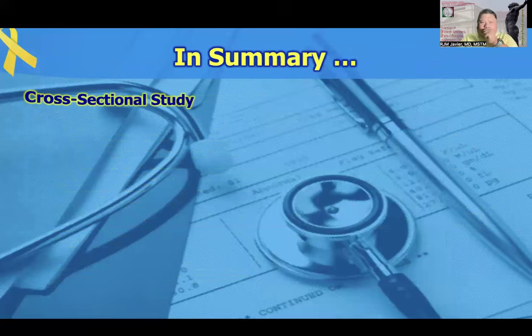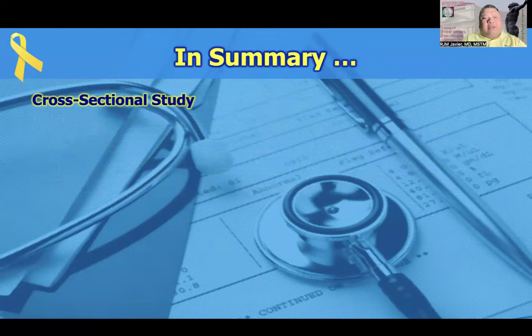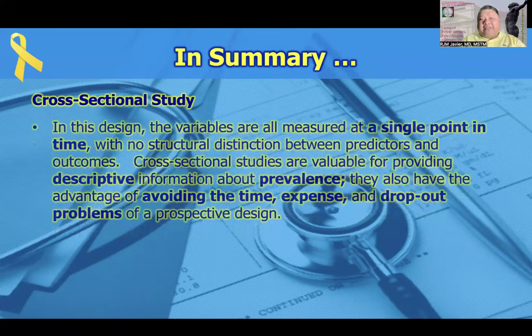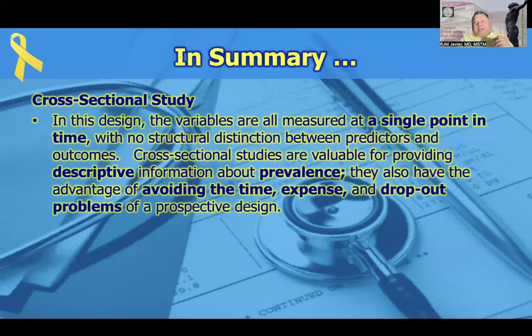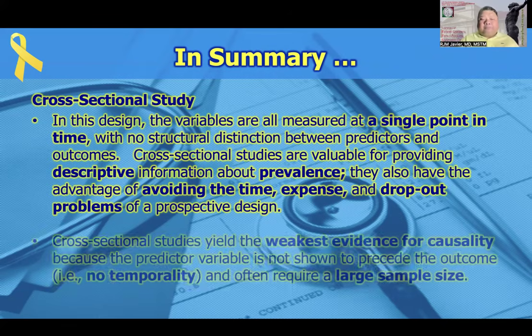And then lastly, we look into the cross-sectional study, which is unique, wherein it could be purely descriptive in design if this is just a survey, or it could be weakly analytical, wherein we look into the prevalence of disease and we analyze the variables measured at a single point or a single period in time.